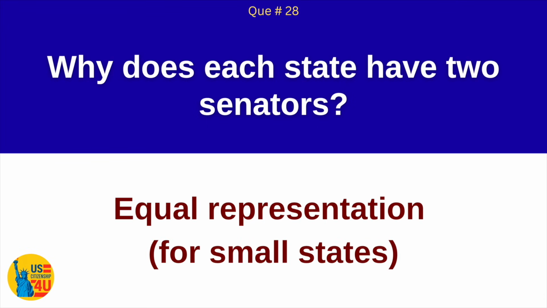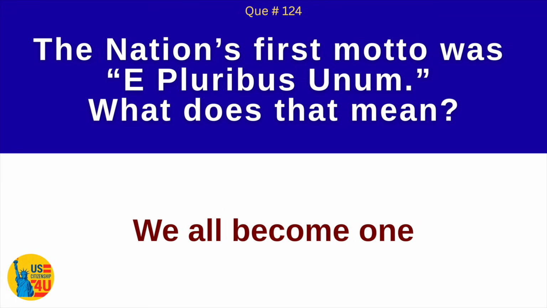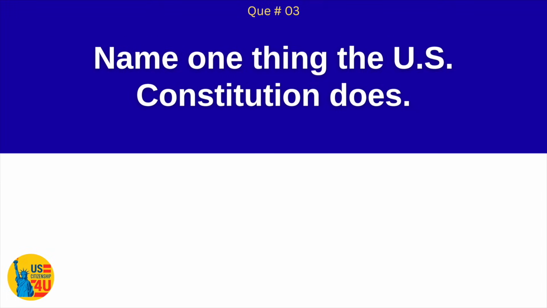Equal representation for small states. The nation's first motto was E pluribus unum. What does that mean? We all become one. Name one thing the U.S. Constitution does.